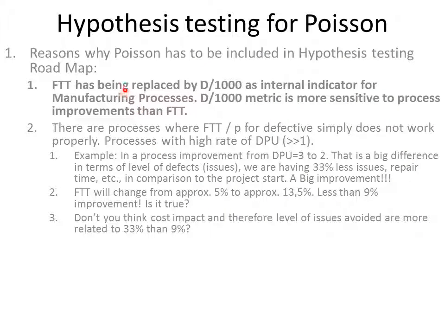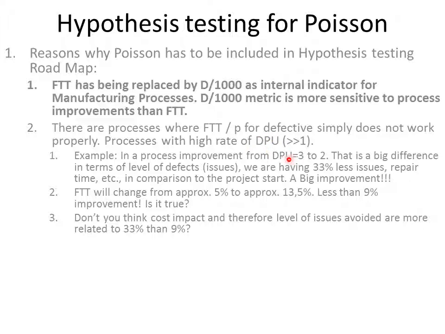Why should we use Poisson distribution instead of binomial distribution? Well, for processes with a high level of defects per unit, or simply when we can have more than 1 defect per unit.